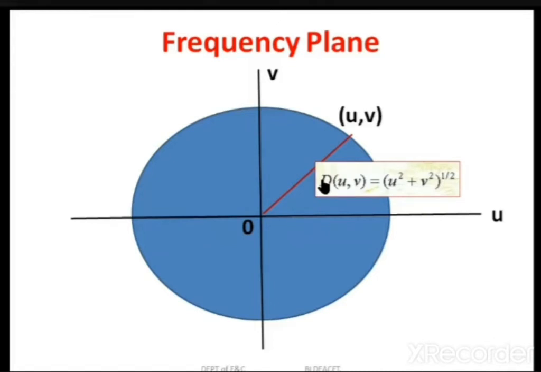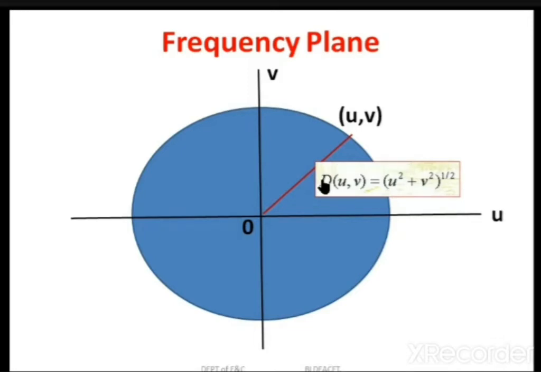D of u comma v indicates the distance between the origin and any point in the frequency plane, say u comma v, and it is given by the square root of u square plus v square. Remember this equation; it is helpful in understanding the next topics.